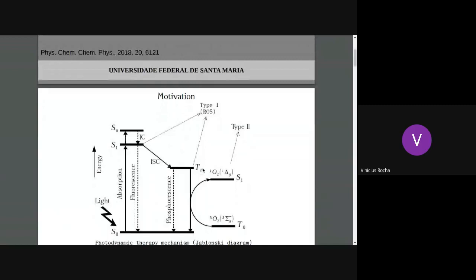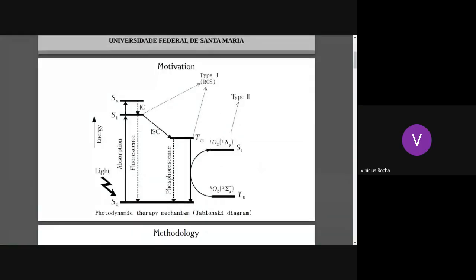Well, the main motivation of this study is photodynamic therapy, which consists of an optical singlet excitation and the subsequent singlet-triplet intersystem crossing. We have here a molecule that we call the photosensitizer. So we put radiation there and it is led to an excited state.